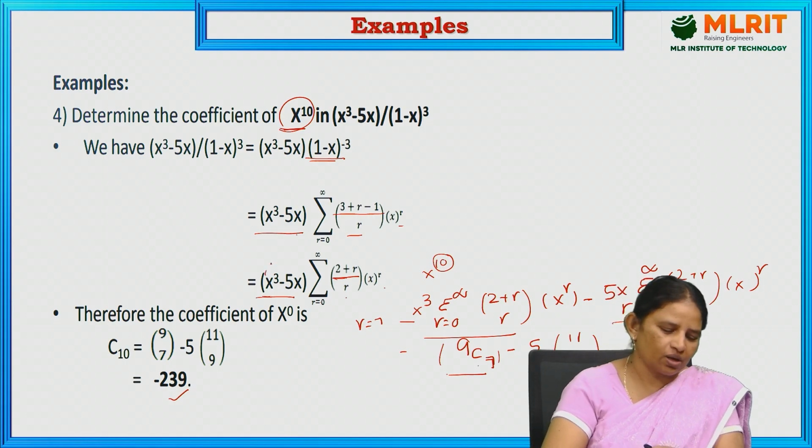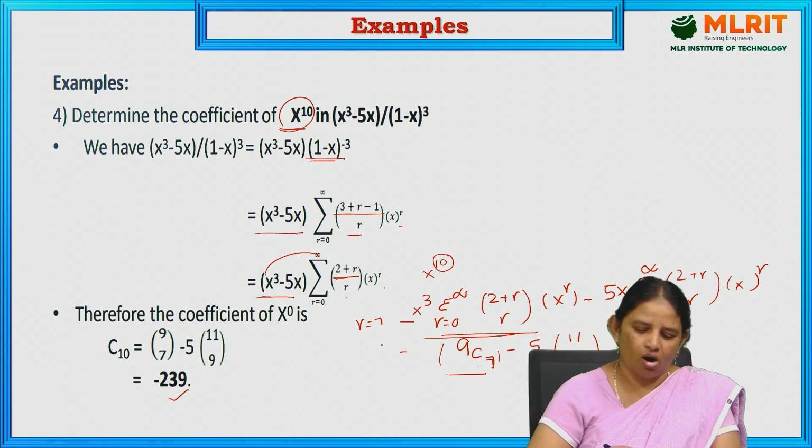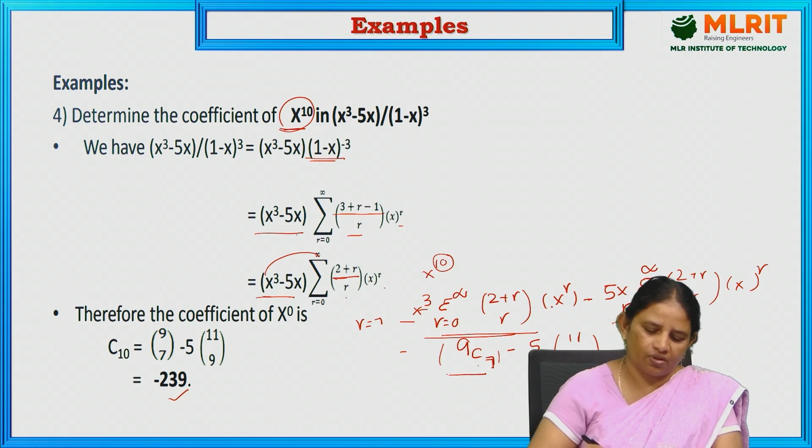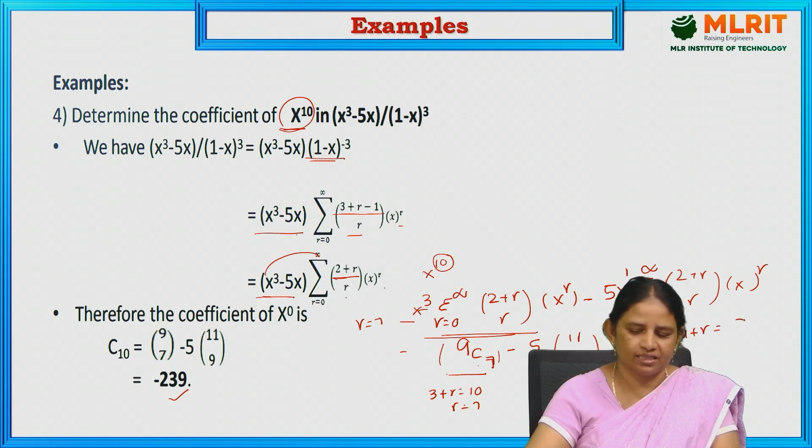Here we have to separate the terms and find out the values of r. That is x cube times x to the power of r, we need to find out the value. x power 3, x power r means 3 plus r is equal to 10, r value is 7. Here in this example, x to power 1 is there. That is x power 1 plus r is equal to 10.